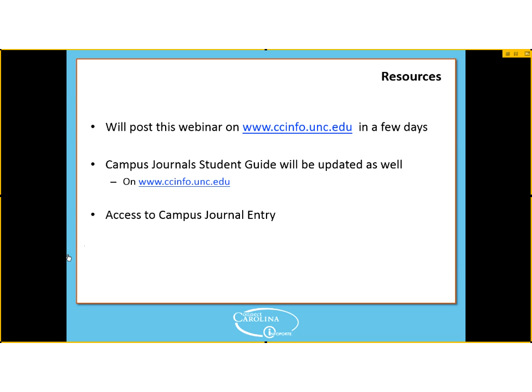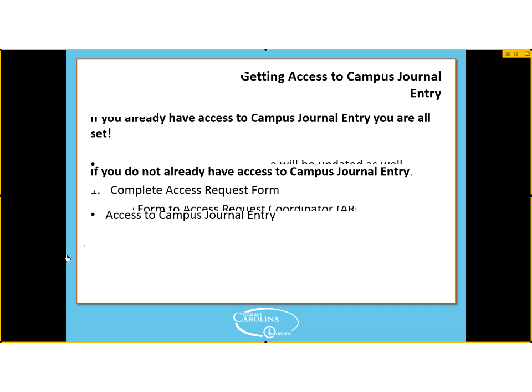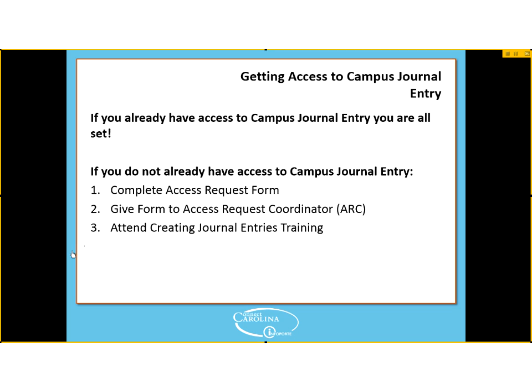And lastly, I just want to touch a little bit on access to Campus Journal entry in Connect Carolina. So the good news is, if you have access already, you're all set. So if you can currently access Campus Journal entry, you do not need to do anything else. The changes will be reflected there for you the next time that you use Campus Journal entry.